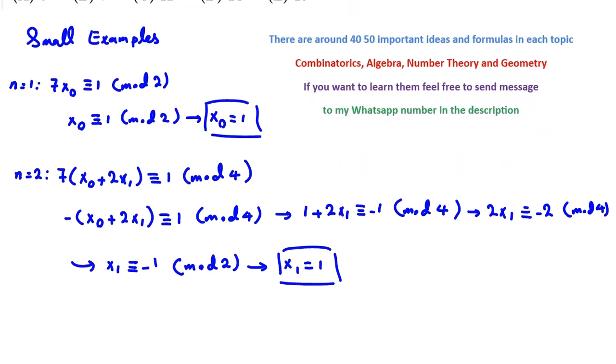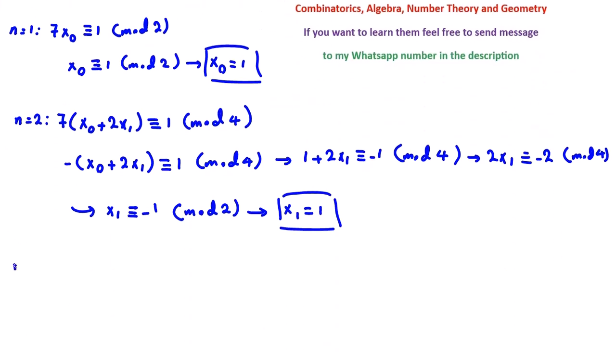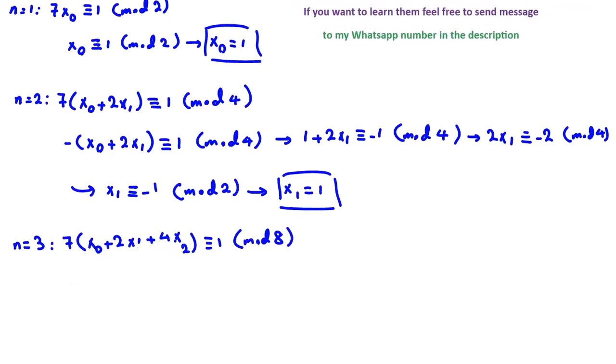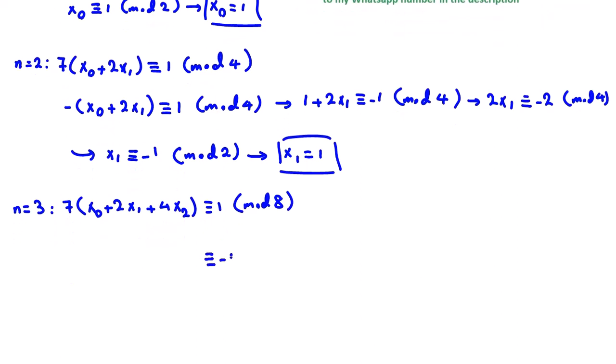Okay, so let's consider n equals 3. 7 times x0 plus 2x1 plus 4x2 is congruent to 1 mod 8. 7 is negative 1, so we can multiply both sides by negative 1 here. It will be negative 1, 1 plus 2, 3, plus 4x2, and all of them congruent mod 8.